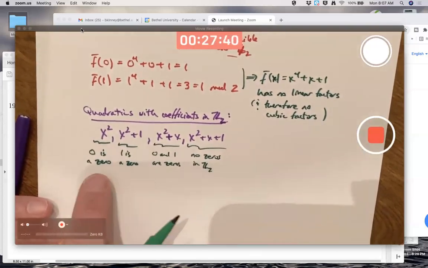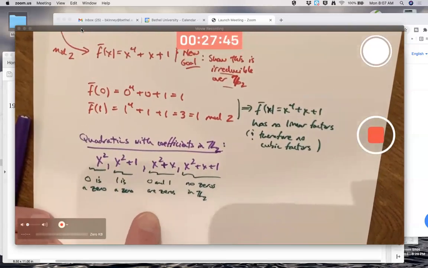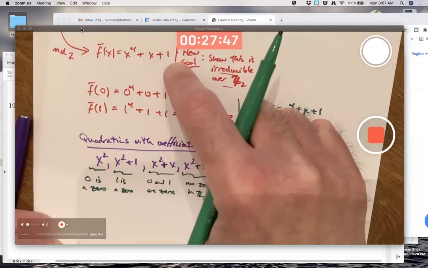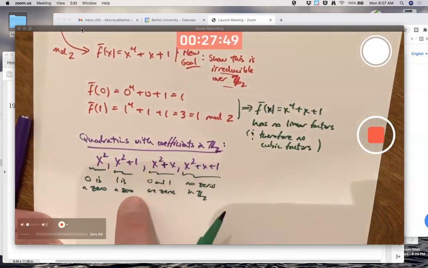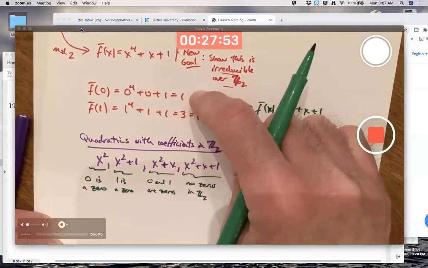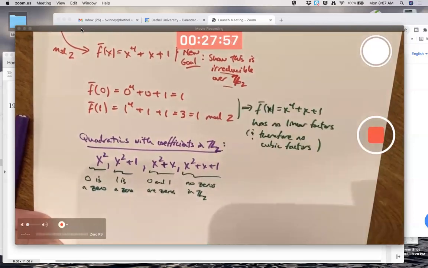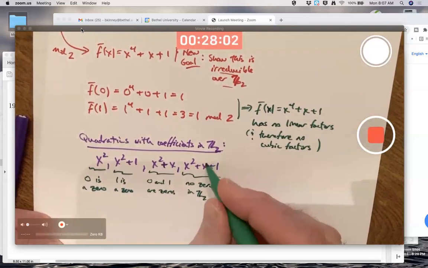Again, we don't need to check the ones that have zeros, because if these were factors of f bar of x, the fact that they have zeros in Z2 means that f bar of x would have a 0 in Z2, but it doesn't. Make sense? Make sure you let me know if you have a question. So this is the only one we need to check.